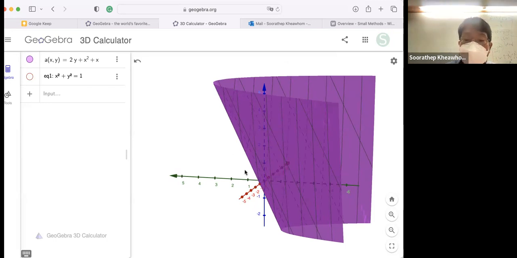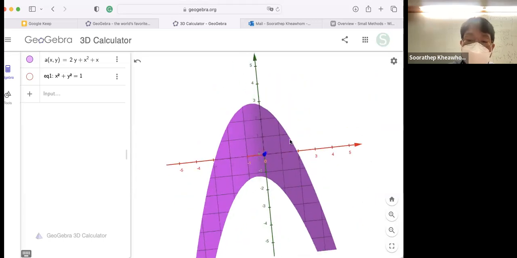If we move this way, we go up, that means the objective function increases, right? But the x, y satisfying this one must be on this curve.